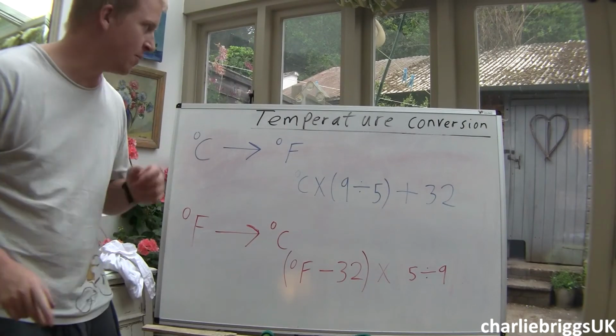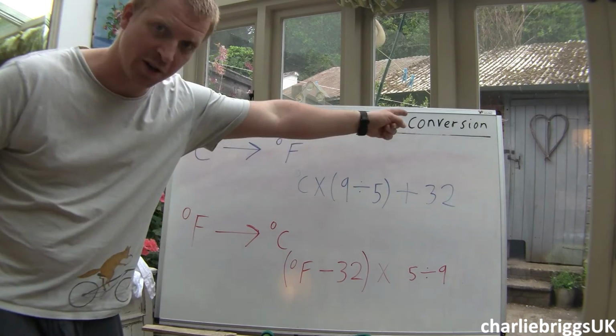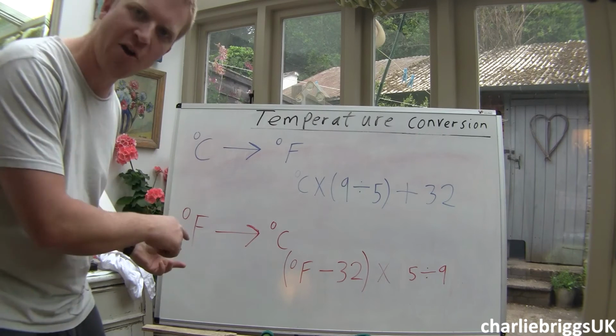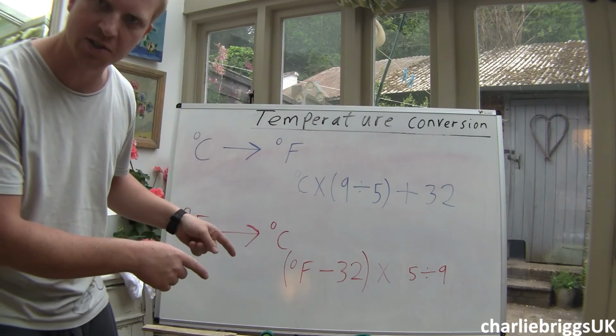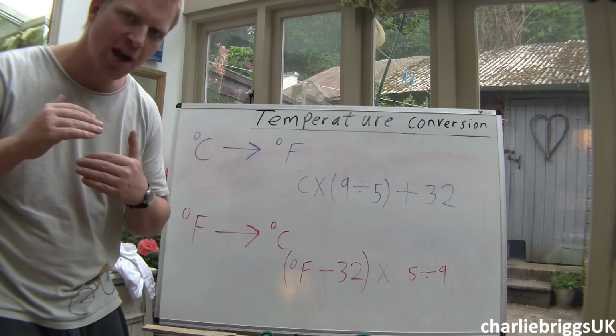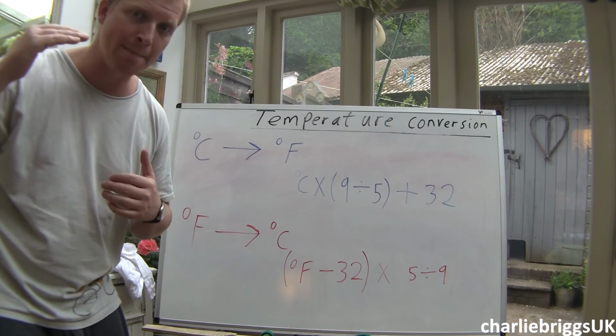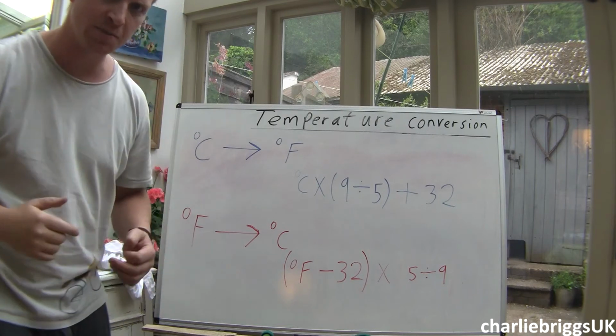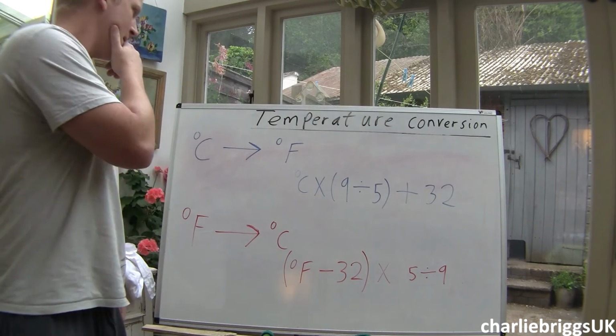Now let's do some temperature conversion from degrees Celsius to Fahrenheit, and from Fahrenheit to degrees Celsius. First thing to remember, Fahrenheit is always a bigger number, a higher number than the Celsius.